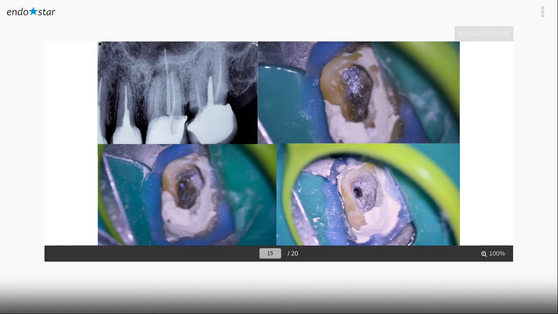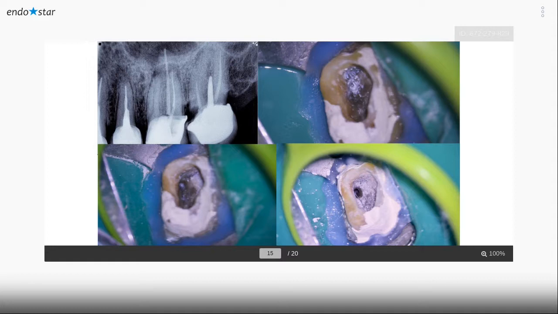Our guess is that maybe the practitioner, in the attempt of removing that broken file, tried to bypass the file, and they just broke another instrument inside.